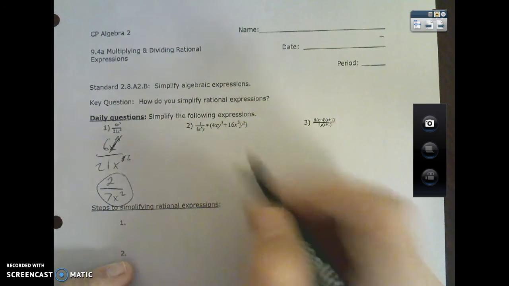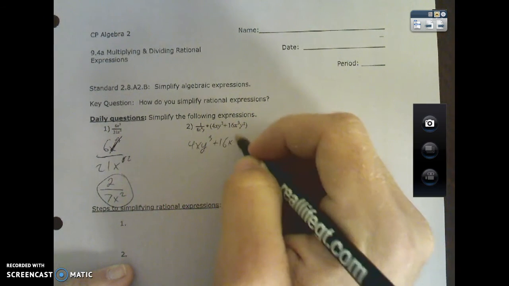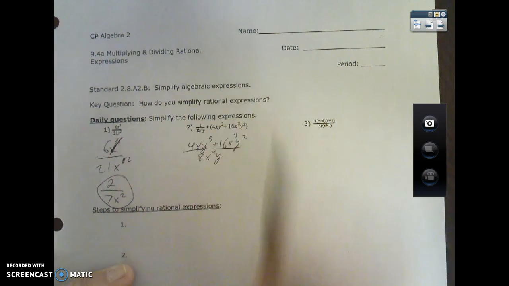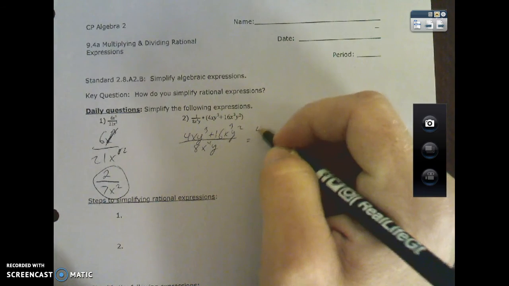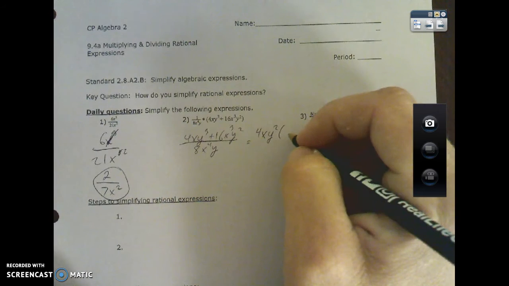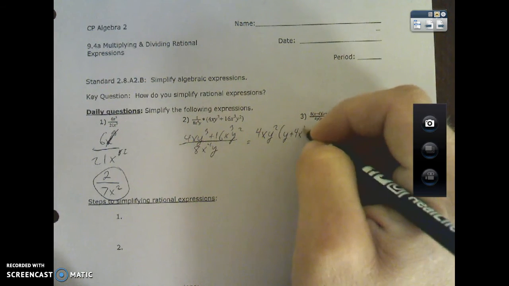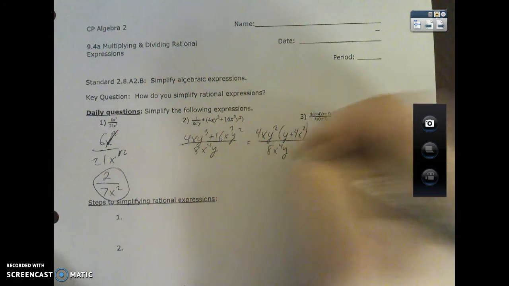Meanwhile, over here, I have 4xy cubed plus 16x cubed y squared all over 8x to the fourth y. So you're looking for a GCF. You can take a 4xy squared out from up top: y plus 4x squared, and down low I have 8x to the fourth y.